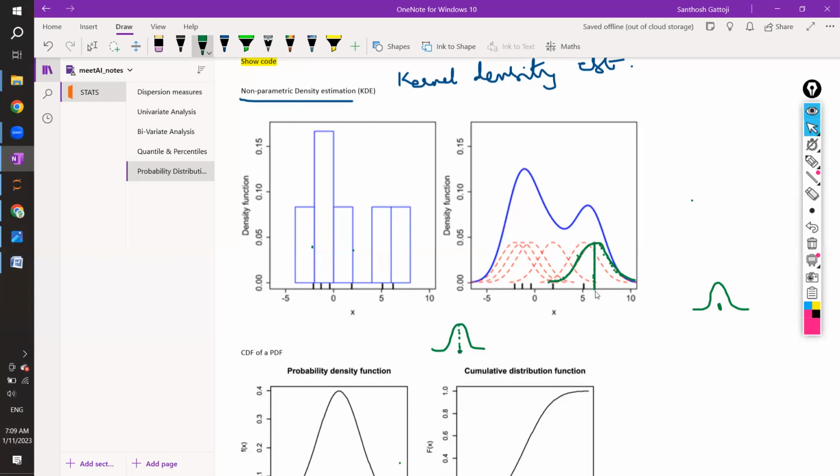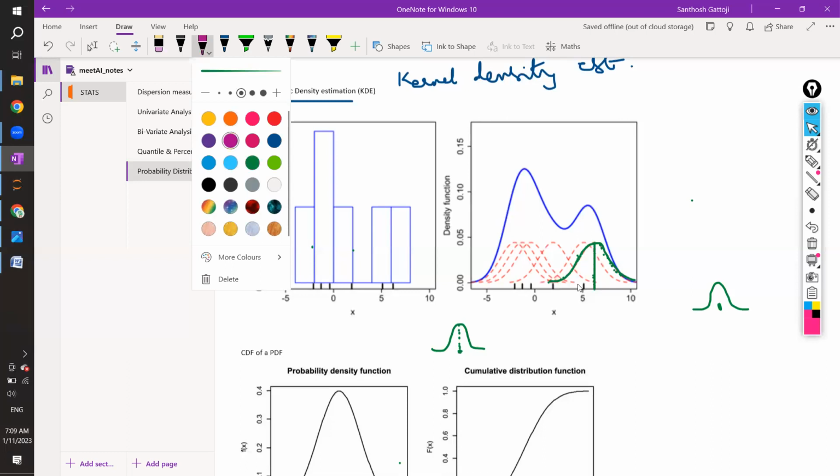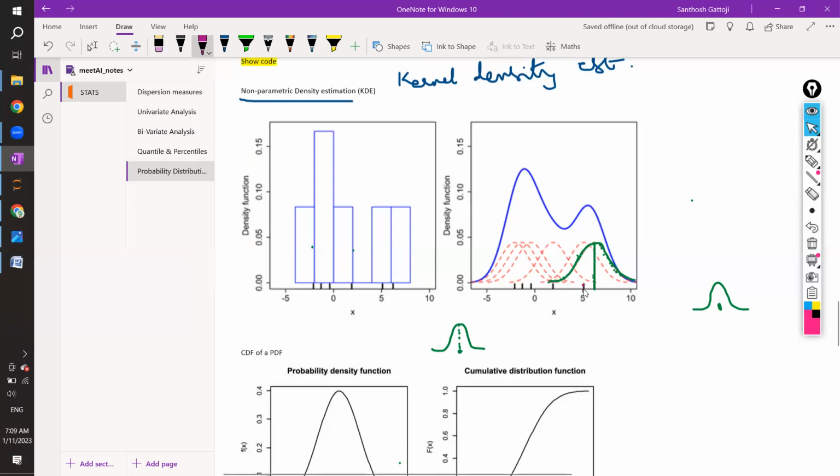Clear? Now, if I take some other color, let's say this, for the second one, okay, this is the mean, and if you see the second graph, that is the Gaussian distribution I have drawn for this point.